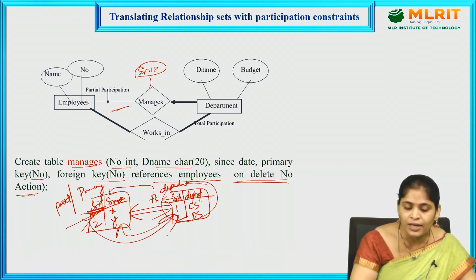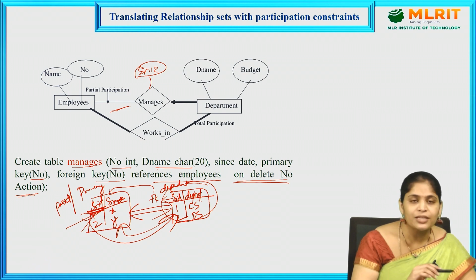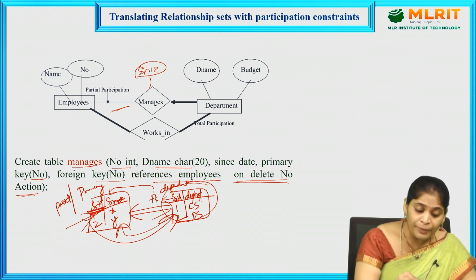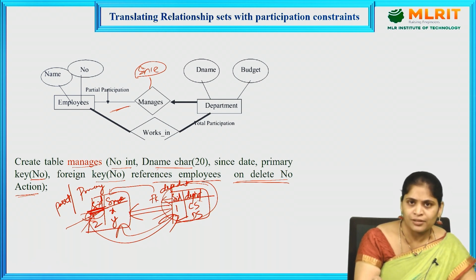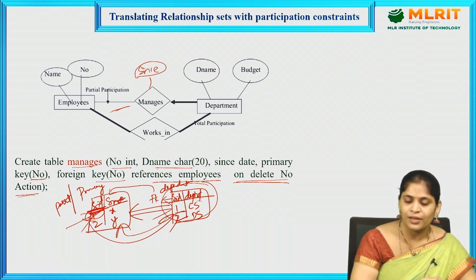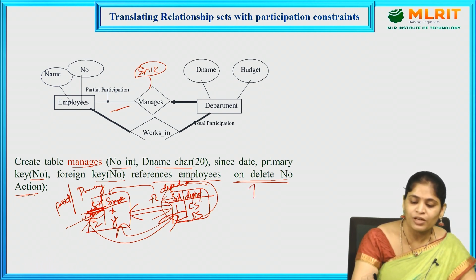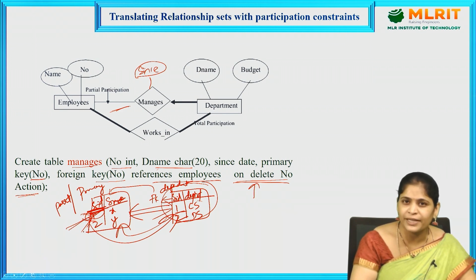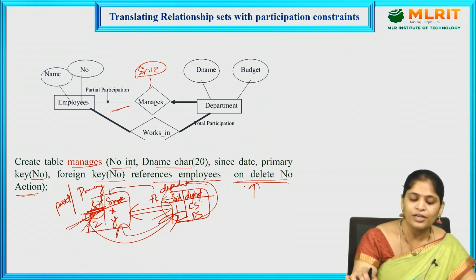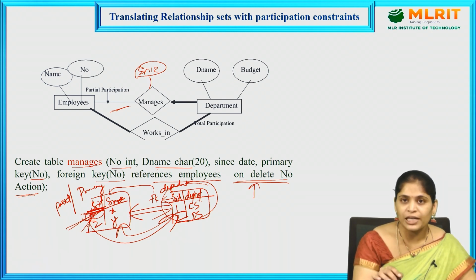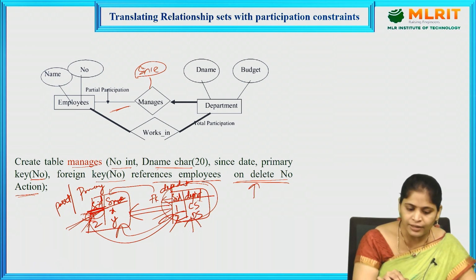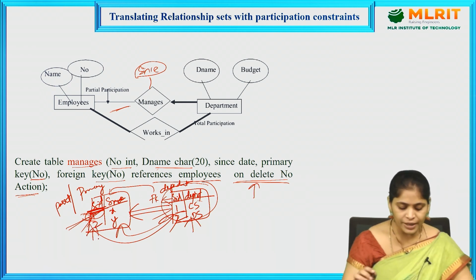That is why, if you want to delete it in the primary table, no action will be taken. That is the meaning of on delete no action. If you want to delete, you have to first delete in the child table and then delete that row in the parent table.